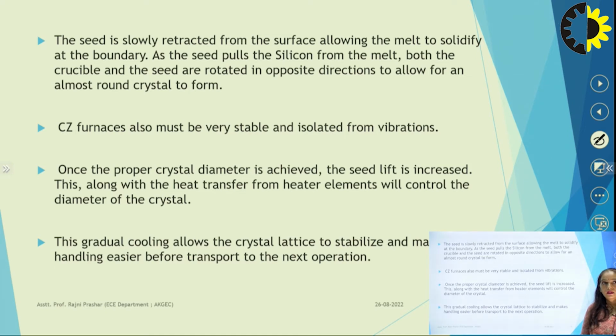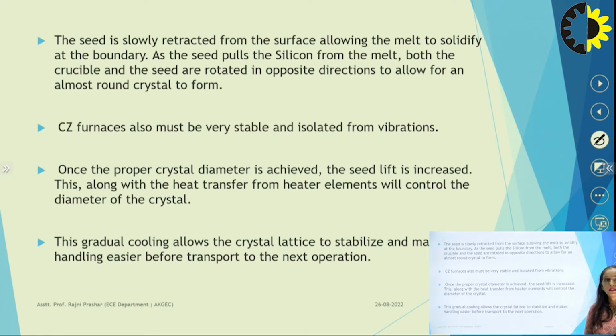As the seed pulls the silicon from the melt, both the crucible and the seed are rotated in opposite directions, that I have explained in the pictorial diagram, to allow for an almost round crystal to form. CZ furnaces also must be stable and isolated from vibration.